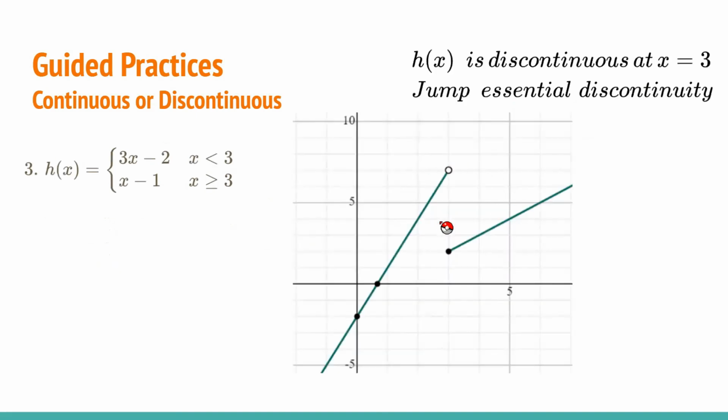If we graph it, it would look something like this. And you could see that at x equals 3, there's actually a jump or a gap in the graph.